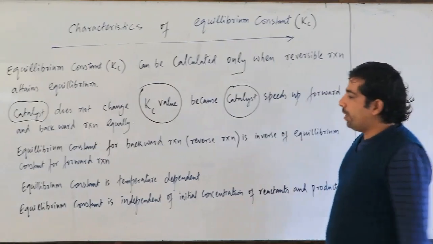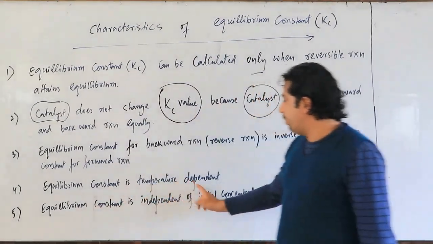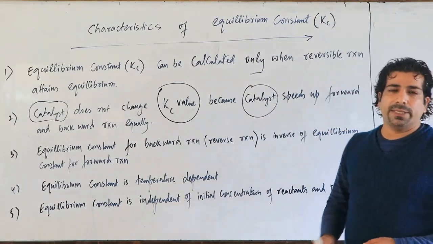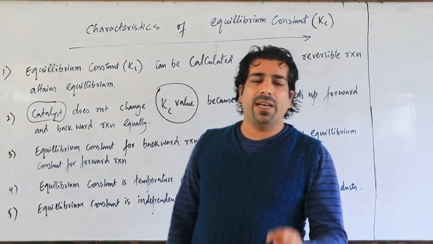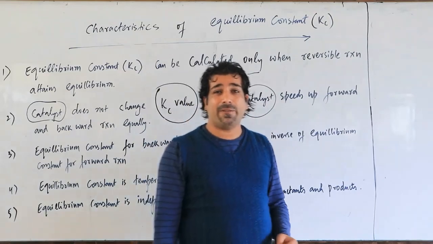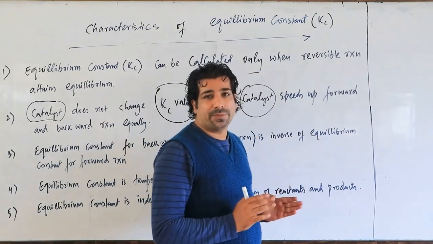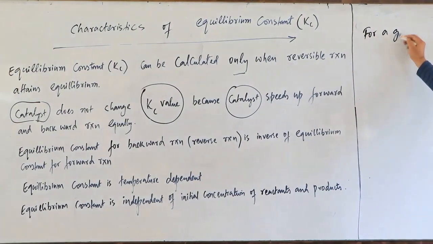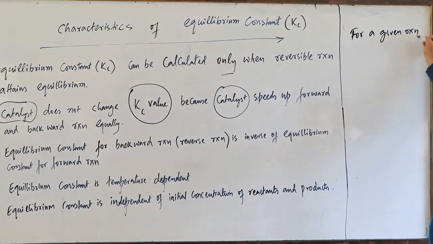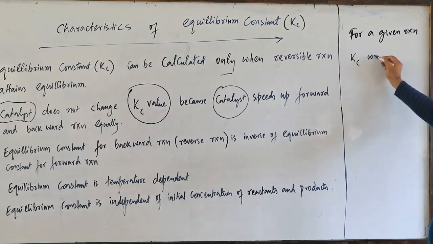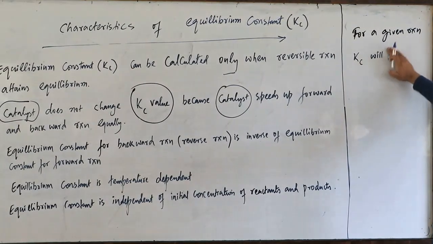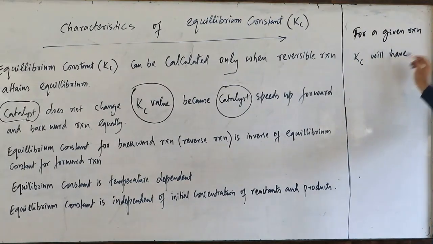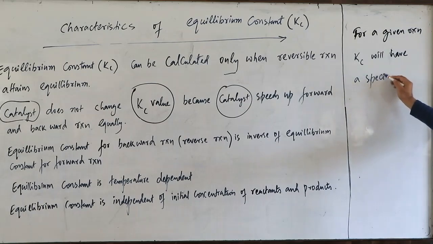Now look here, my dear friends, the equilibrium constant is temperature dependent. That means the equilibrium constant will have a fixed or specific value at a particular temperature. I will write down: for a given reaction, Kc will have a specific value.